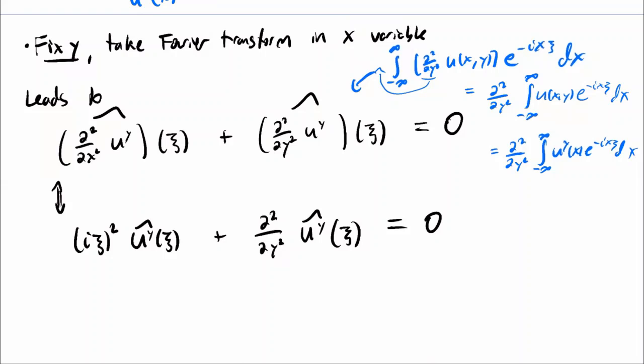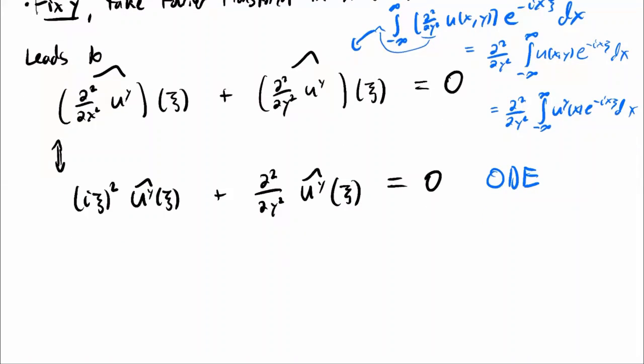Okay, but at the end of the day, what's the main point here? Well, here I have derivatives with respect to the variable y, but I have no other derivatives anywhere else. So this is an ordinary differential equation, right? And in particular, just to simplify things a little bit, let me call this capital U of y, and let's call this thing capital U of y as well.